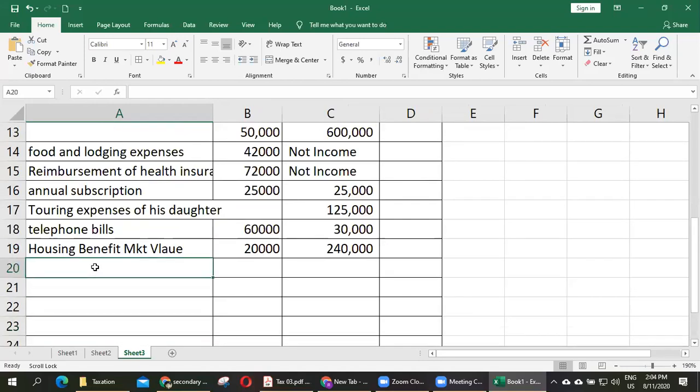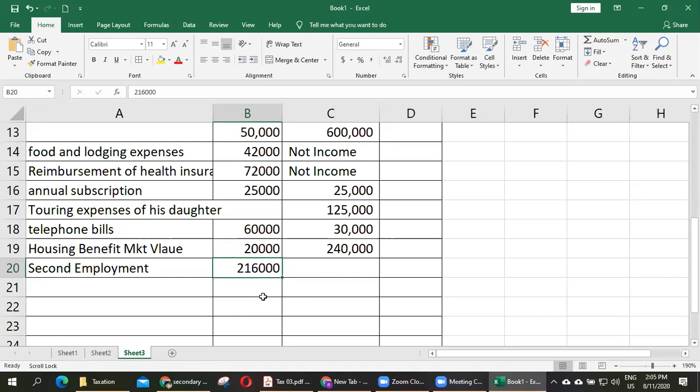And second employment, net, how much? 216,000. This 216,000 is a balancing figure after deducting withholding tax. We have to take the figure before deducting it. So we know that 216,000 per year.